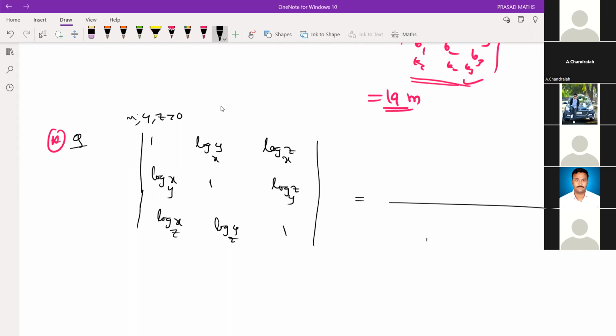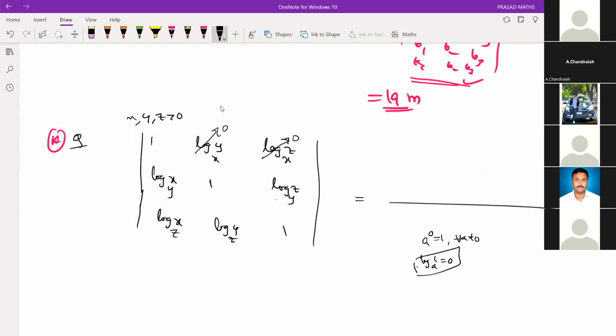What are you getting? See, a power 0 is 1 whenever a not equal to 0, right? Log 1 to the base a is 0, right? Once you substitute y equals 1, this seems to be 0, this also seems to be 0, therefore you need to calculate, this is 0.